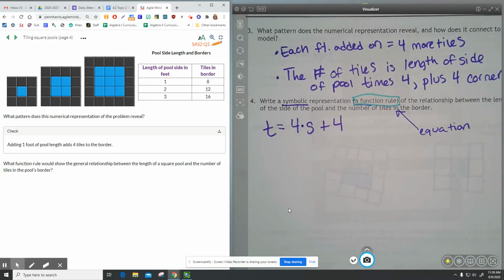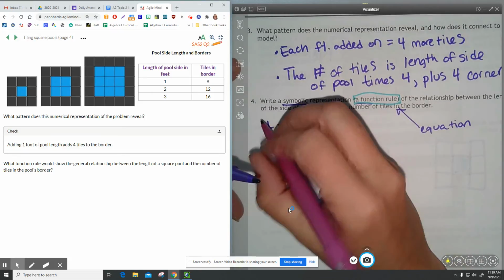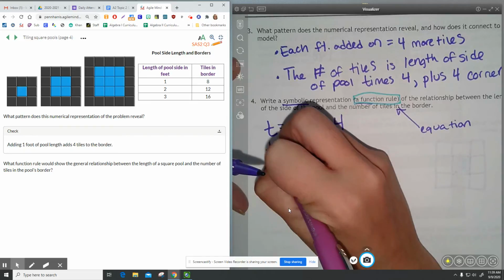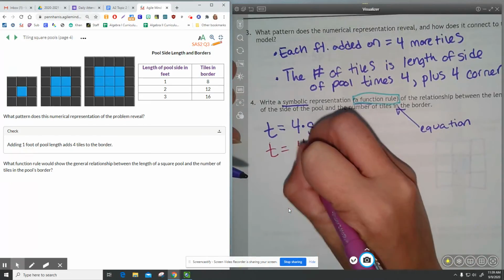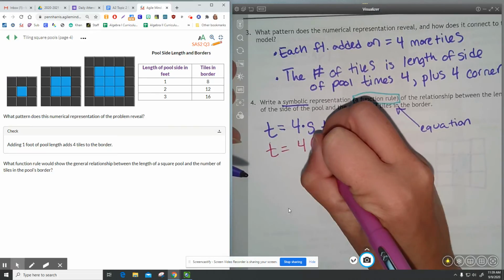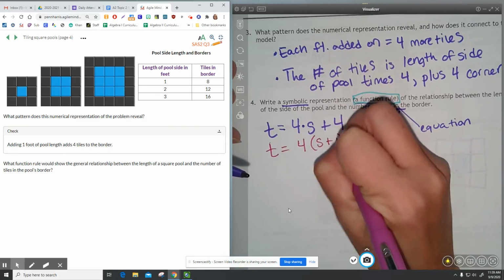Okay, some other equations that mean the same exact thing, but maybe they make better sense to you, is our total number of tiles equals 4 times the side of the pool plus 1.